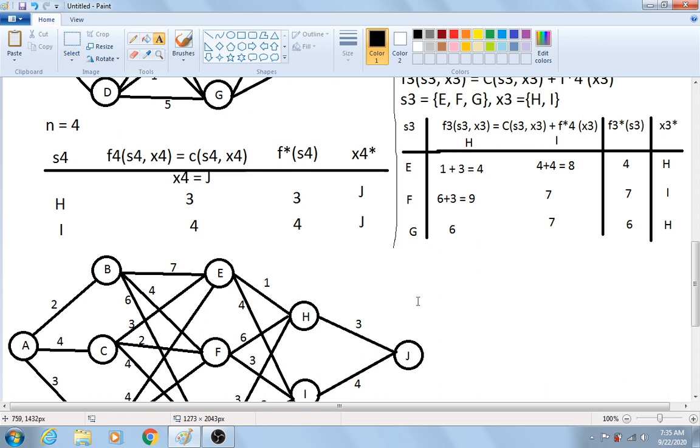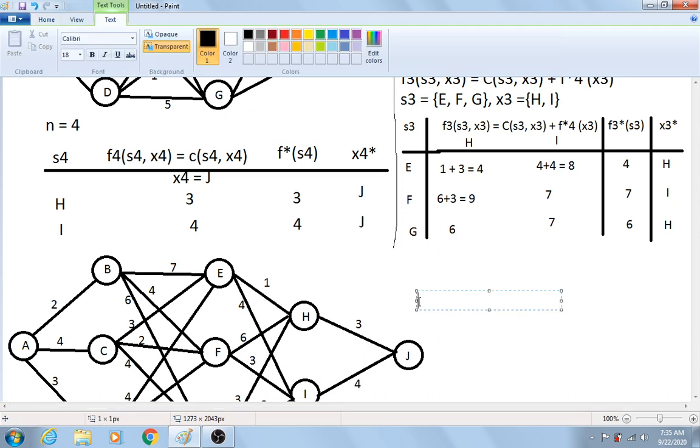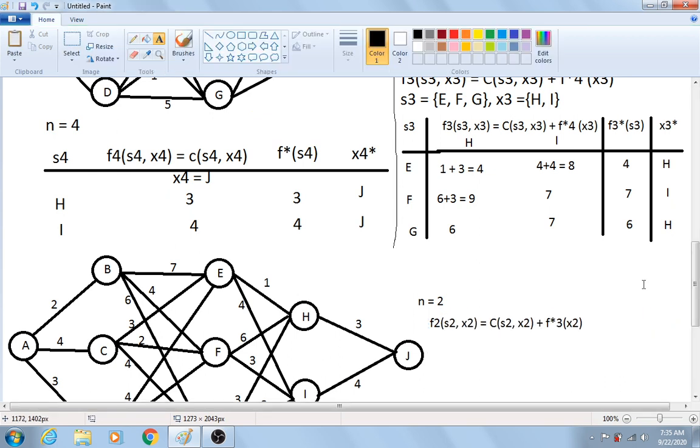So for n equal 2, we will have f2 of s2, x2 equal the cost of s2, x2 plus f star, sorry, f star n plus 1, our n is 2, so 3 of x2.